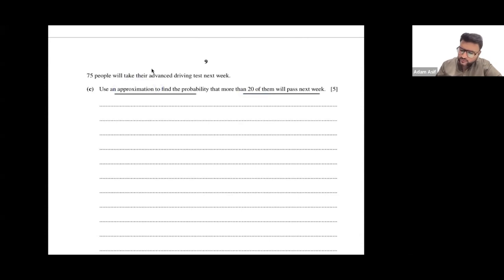First, always check if the conditions for a normal approximation are valid or not. So we are going to calculate np and nq. Over here, the number of people is 75, and the probability of success is 0.3. So 75 times 0.3 and 75 times 0.7 are definitely greater than 5. So we can go for normal approximation.